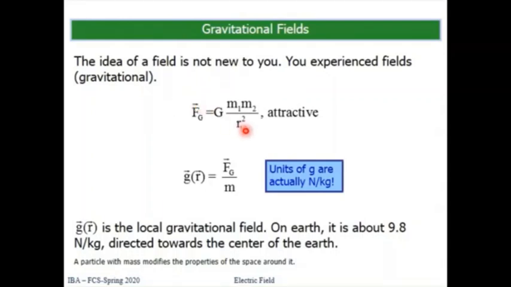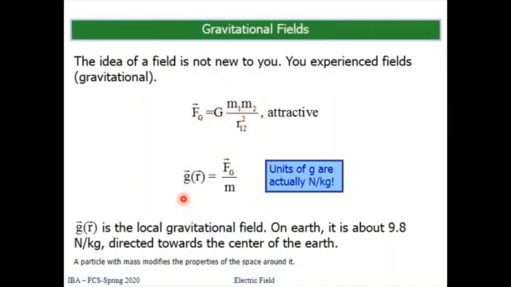You already know that there is a force between two masses, called the gravitational force, where capital G is the universal gravitational constant, m1 and m2 are the magnitudes of the masses, and r12 is the distance between the two masses m1 and m2. So this is the force between two masses.